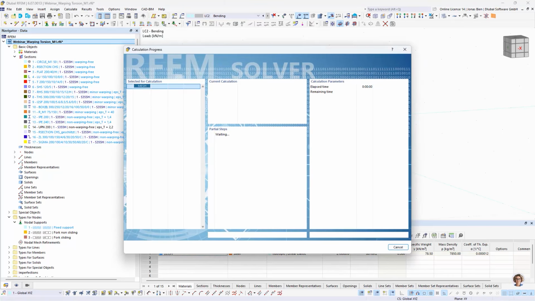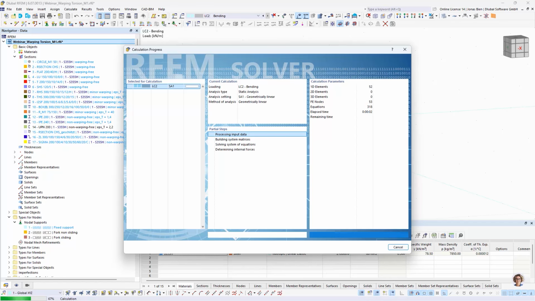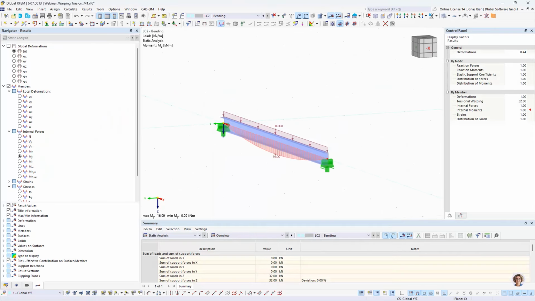and with our 7 degrees of freedom simulation activated, all loads are applied to the center of gravity. This now leaves us not only with a bending moment about the strong axis, but also generates a torsional moment. And of course, here we don't have a constant torsional load. Also, what we get is a secondary torsional moment and a warping bimoment.